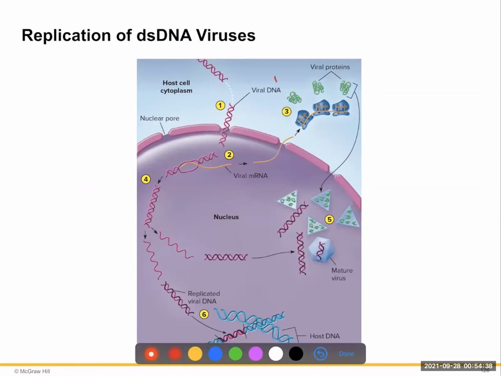Okay. So viral DNA is injected here, produces viral messenger RNA, and this comes into the nucleus. This is messenger RNA from the virus, and it uses the cell's ribosomes to make viral proteins. It makes its own messenger RNA using the cell's transfer RNA.